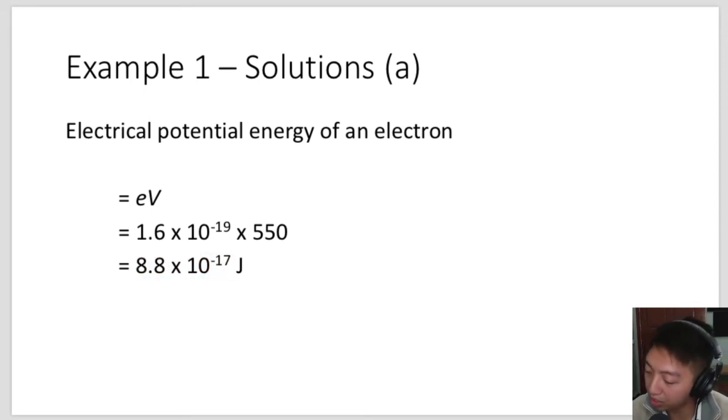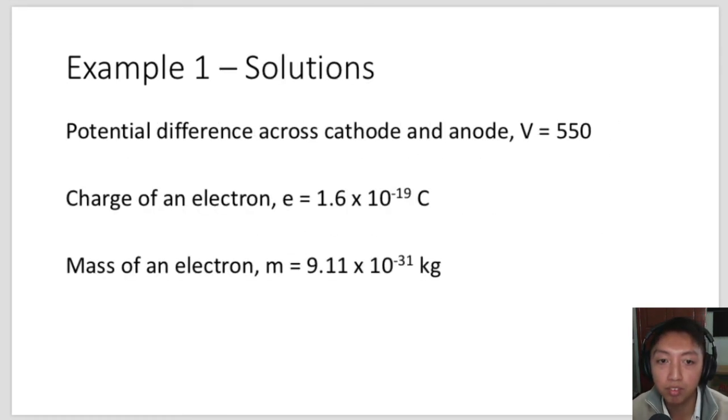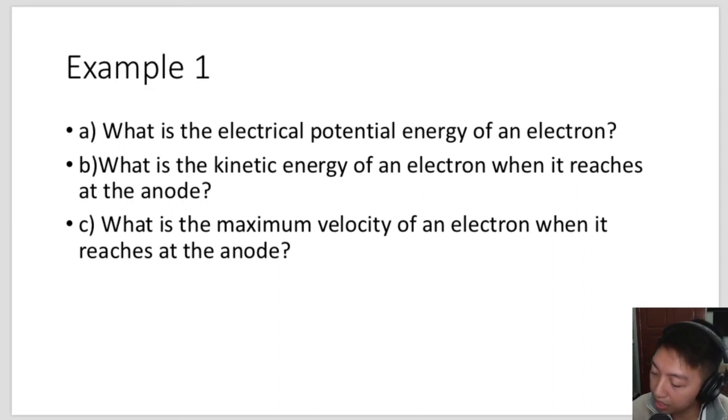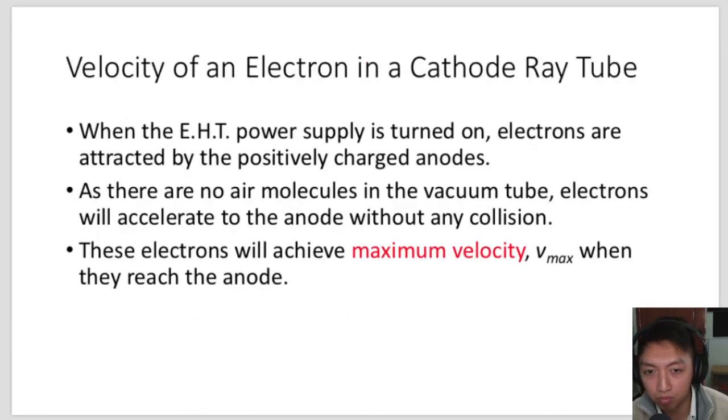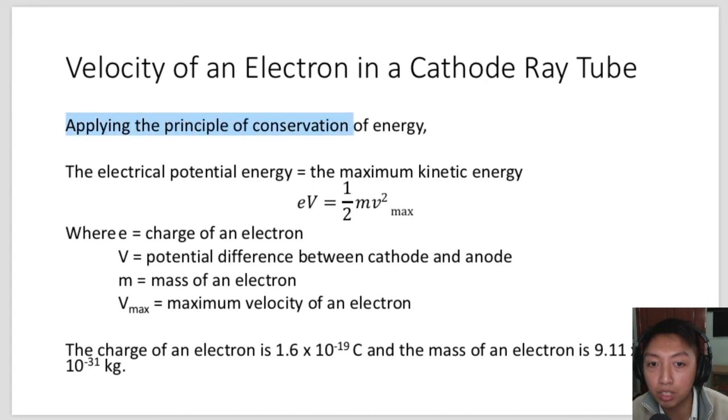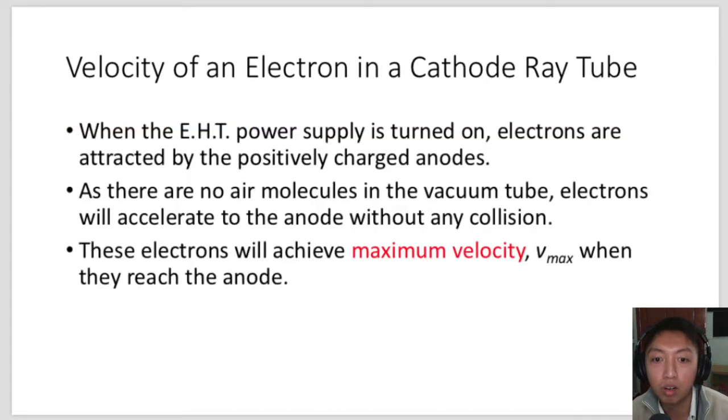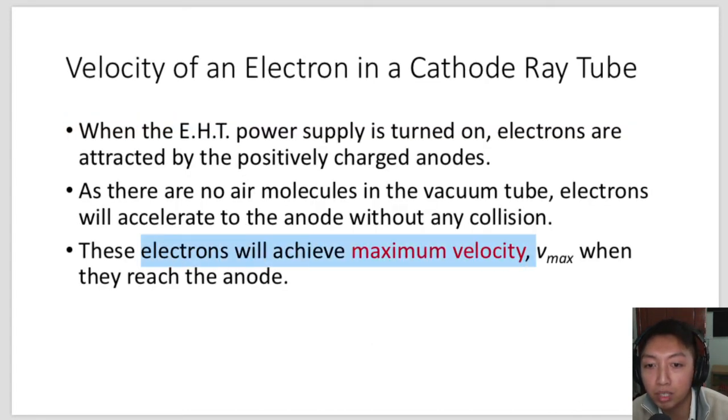Right, let's look at question B. What is the kinetic energy of an electron when it reaches the anode? For this, it's easy. Remember that we use the principle of conservation of energy, where electrons receive maximum velocity and there is no energy loss.